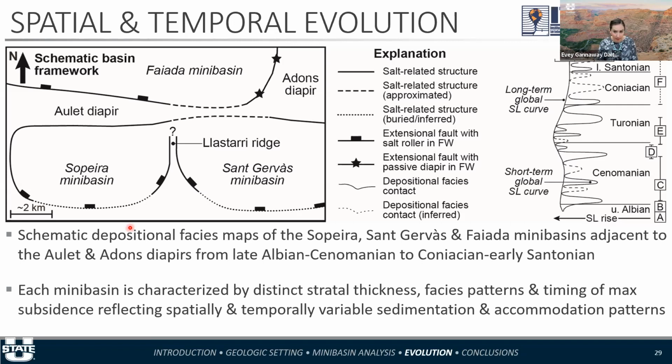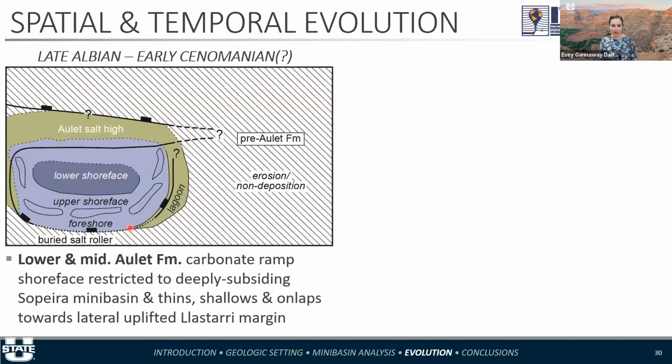A key takeaway is that each mini basin has a unique history with its distinct stratal thicknesses, facies patterns, and subsidence that are due to the complex interplay of salt tectonics and Pyrenean rifting. So let's step through each of these as we wrap up today.